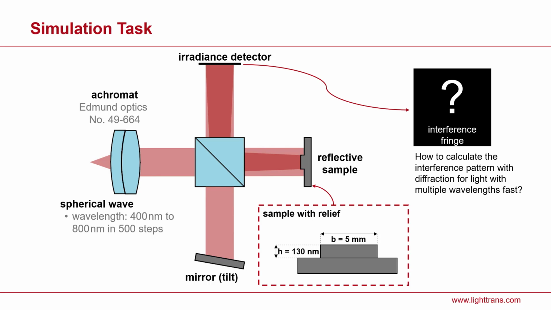And the key to the distributed computing side of things here is the spectrum, the wavelength spectrum of that source. We're going to be using a point source that has a wavelength spectrum that covers the range between 400 nanometers and 800 nanometers. And in order to sample that spectrum well, we need 500 steps.